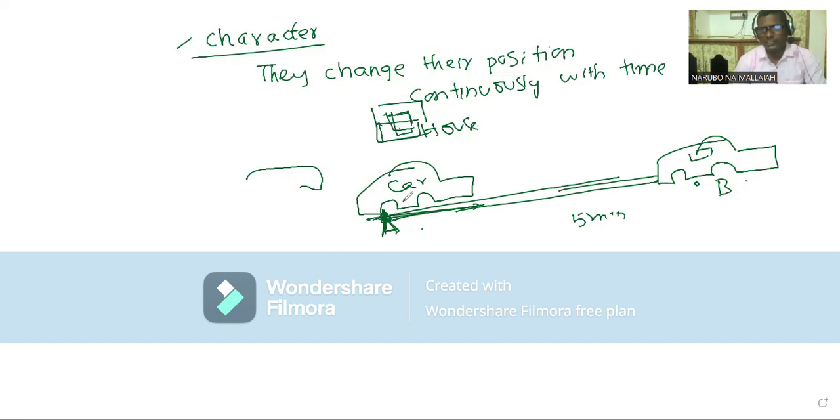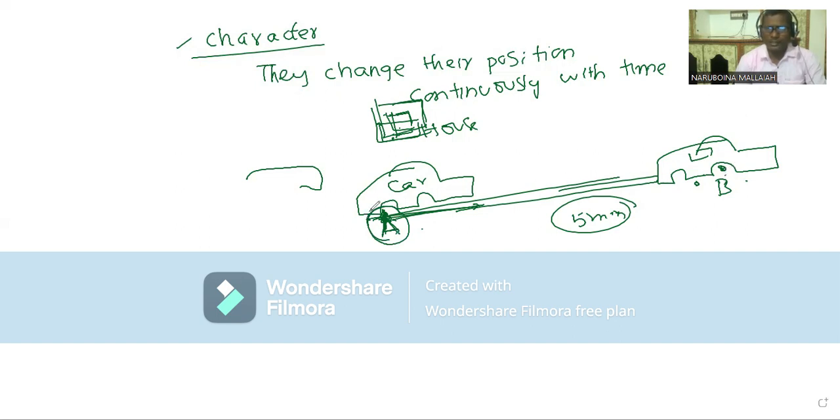With reference to this house, taken as reference, the car changes its position. Earlier the position of the car is A, now the position of the car is B.